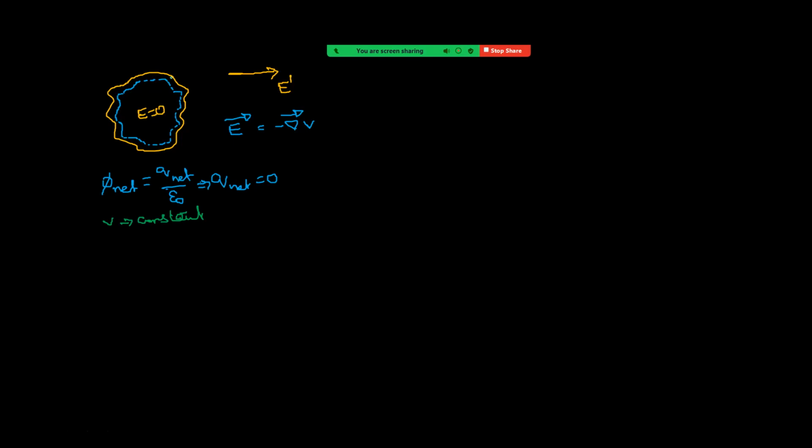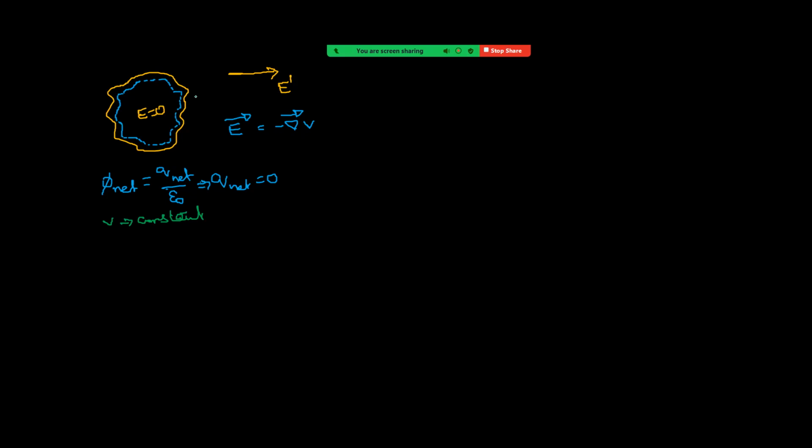And see carefully, again from the same relation, E bar equals minus del bar into V. Here we are saying that along the field direction, potential decreases, and normal to field direction, potential does not change.